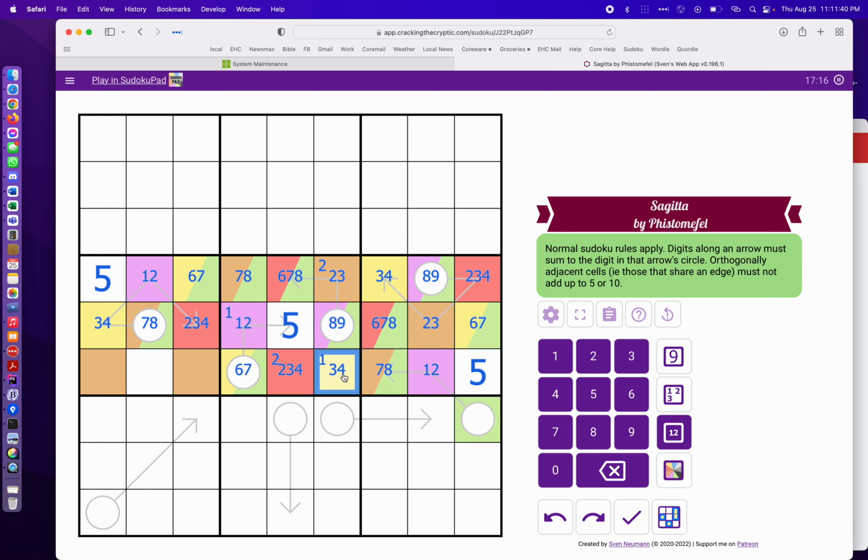Oh, that means high red can't be an 8 because that would make this at least 10. So high red can't be an 8, which means red can't be a 2.